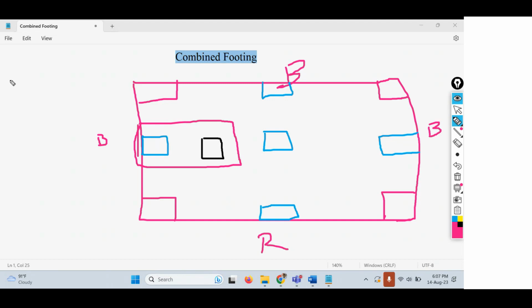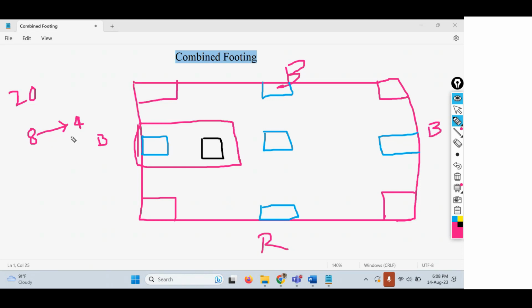Let's say you have 20 columns on your site, and at least 8 of them experience this. Instead of providing 8 isolated footings, I'll provide only 4 combined footings, one footing for every 2 columns. So I can reduce the cost of construction as well. That's the simple concept of using a combined footing.